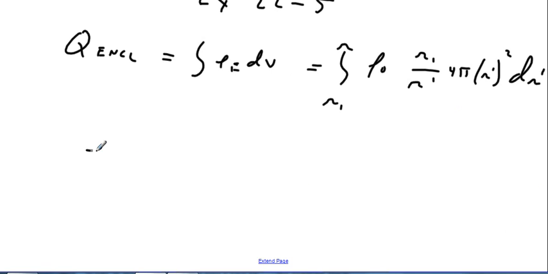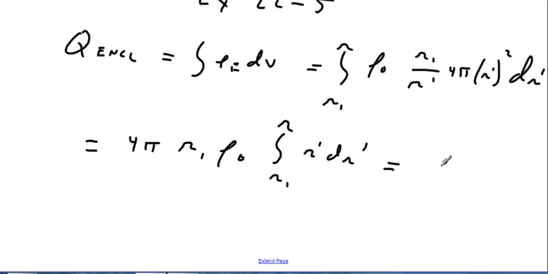And that's going to be 4 pi R1 rho naught, integral from R1 to R of R prime dR prime, which is going to be 2 pi R1 rho naught times R squared minus R1 squared.